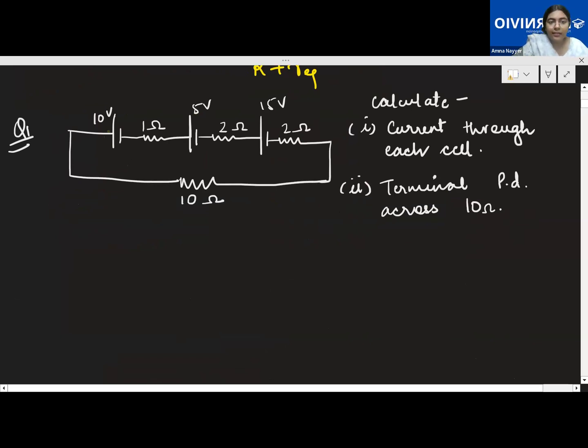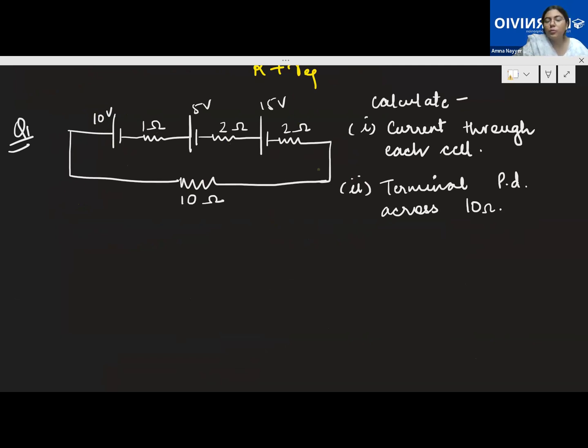So a 10-volt battery is there with 1 ohm, 5-volt with 2 ohm, 15-volt with 2 ohm, and all are present. It says calculate current through each cell, and then the terminal potential difference across the 10 ohm resistor. For current through each cell, we'll have to calculate the equivalent EMF. All of these are in series, so we'll add all of these. 10 plus 5 plus 15, this is 30 volt.